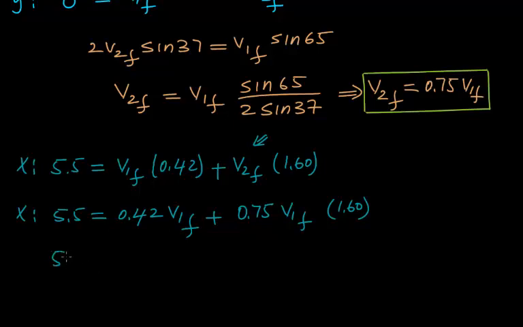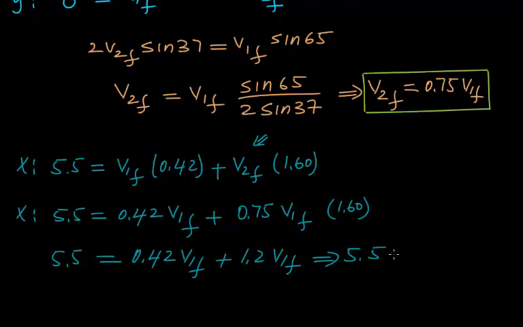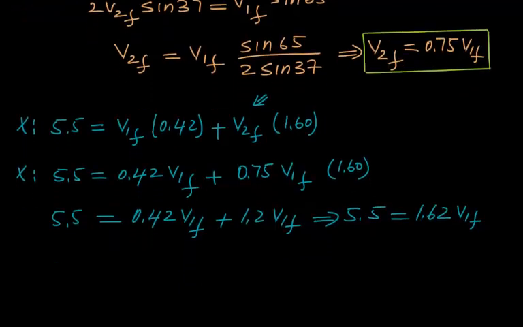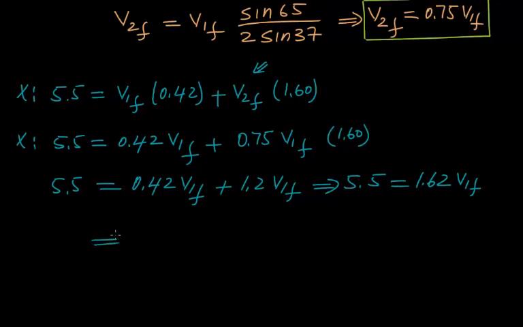You're going to get 5.5 equals 0.42 V1 final, and this one is going to be 1.2 V1 final. When you add these two together, you get 5.5 equals 1.62 V1 final. Solving for V1 final, we will get V1 final equals 3.4 meters per second.